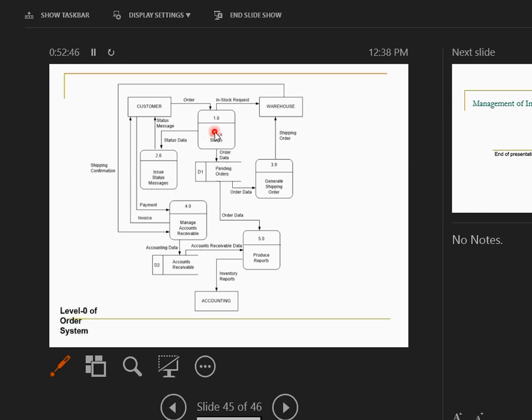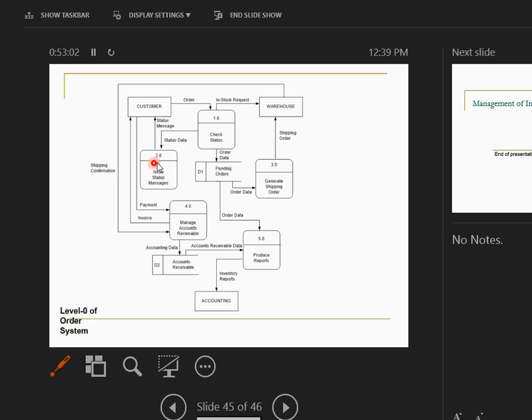Though now it's hooked up to exactly what sub-process handles that. So it's really managed accounts receivable that takes back to the customer the invoice. It's the issue status message process that says, we're working on it, and that comes out of here.